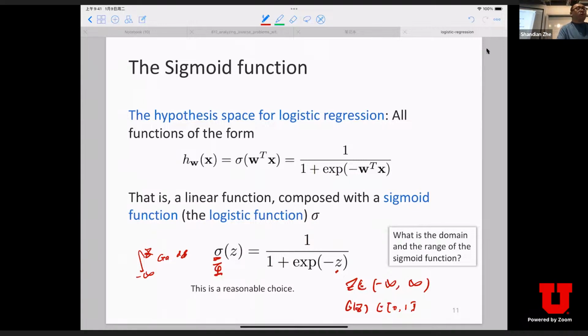If you use this instead, it is called probit regression. It's very popular in Bayesian learning of classifiers. But in practice, the sigmoid function is more widely used. Okay, any questions so far before we proceed?